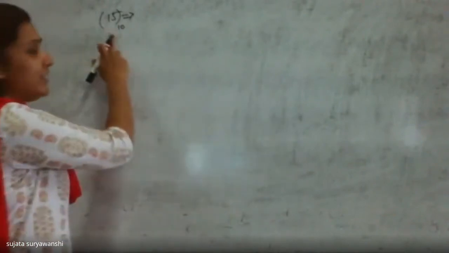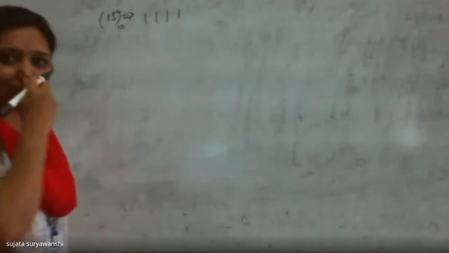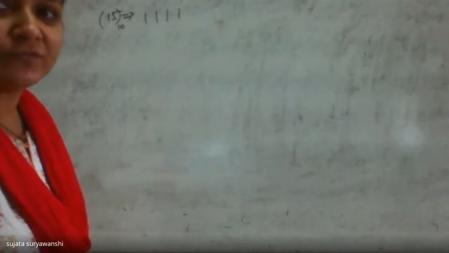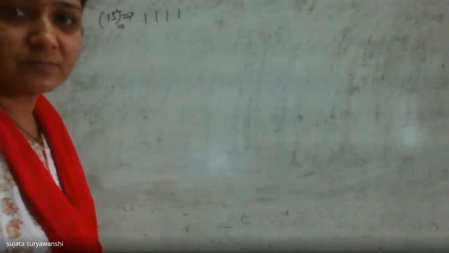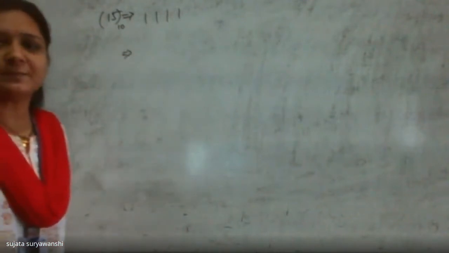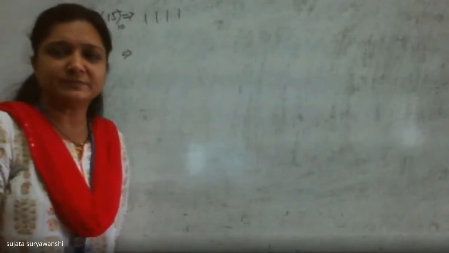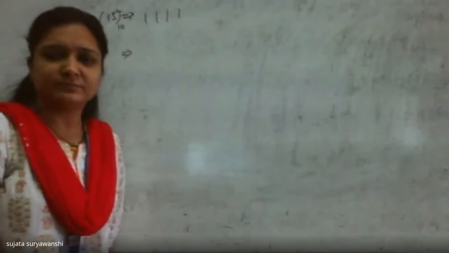When you write the binary equivalent for 15, it is 4 times 1, that is 1111. But how do you write the BCD equivalent of 15? Type in the chat box. Very good.